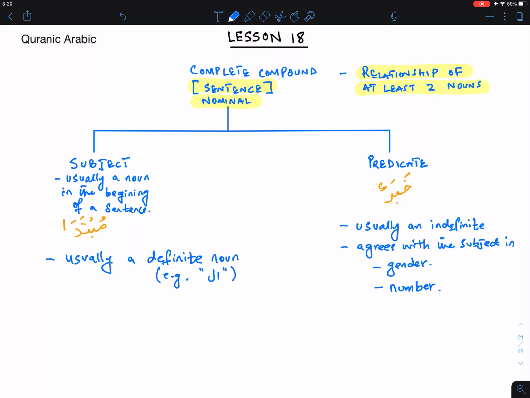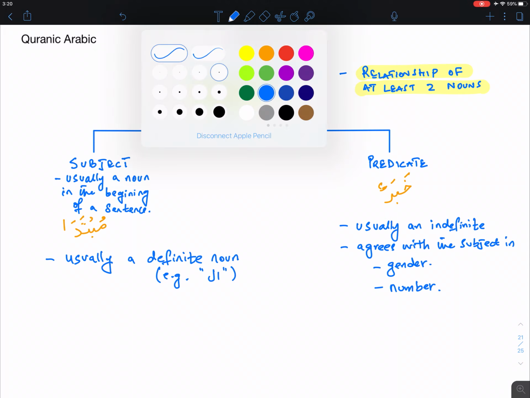If the subject is dual, then the khabar will be dual. If the subject is plural, then the khabar will be plural, generally. And there are exceptions, but I want to stick to the main frame here, okay? We'll go to the periphery as it becomes relevant, because I don't want to confuse you. So let's work with this for the time being, okay? That's one thing. So now let's use an example.